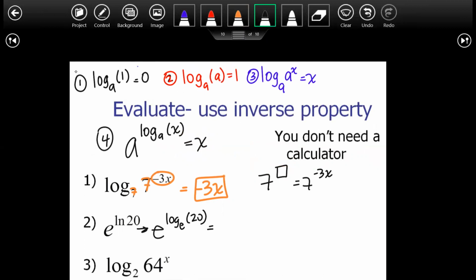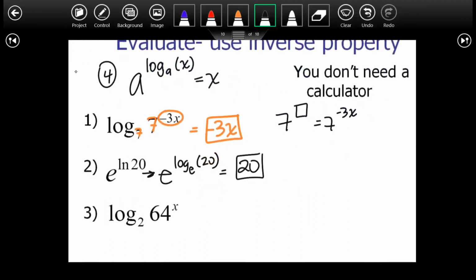So what is our answer? 20. Properties of exponentials tells me that e to the e can be reduced down. So we'll look at exponents and logarithms and how they go between them. So don't worry about number 2 that often. We'll show you guys more examples to kind of clarify that.